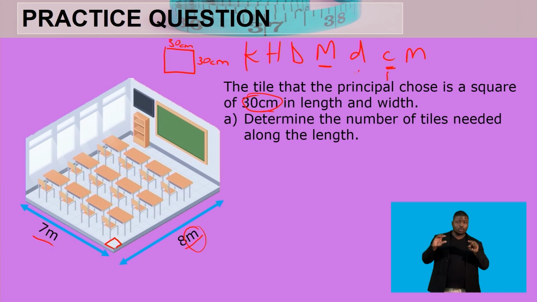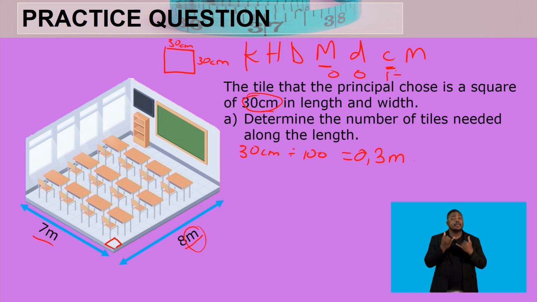So it means we divide by 100. So we're going to say 30 centimeters divided by 100. What is 30 divided by 100? Let's do it together. What are you getting? I'm getting 0.3 meters. So the side of one tile is actually 0.3 meters.